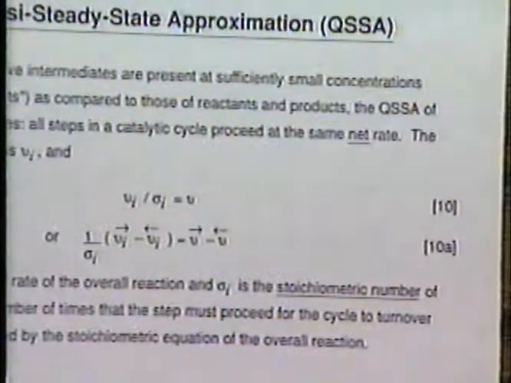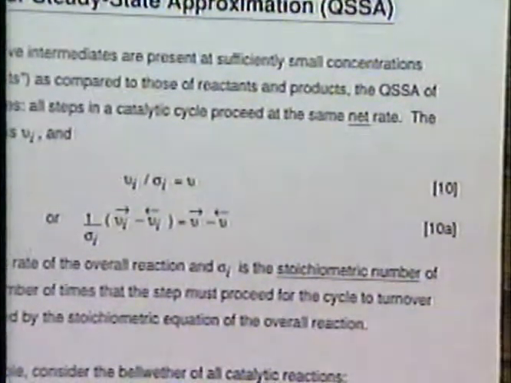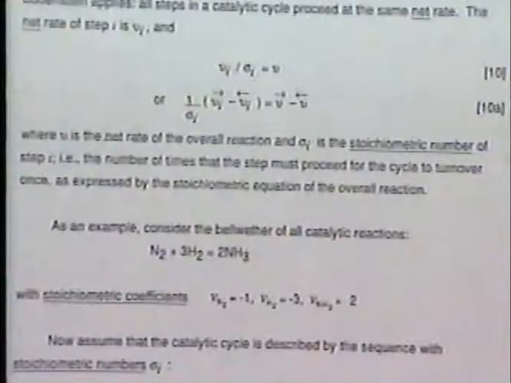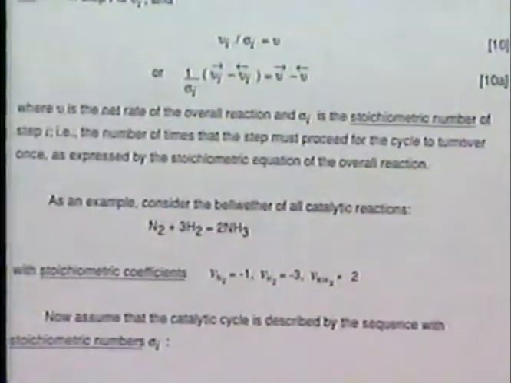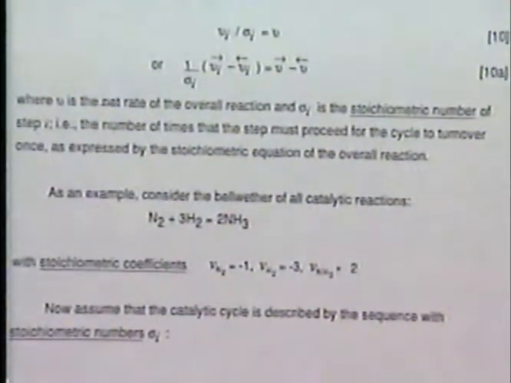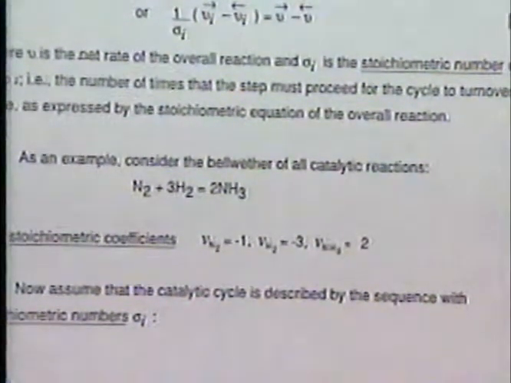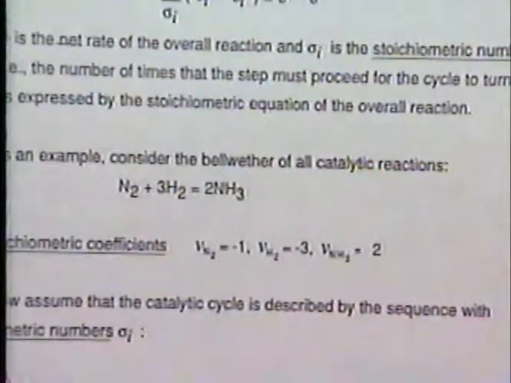And let us immediately find out what that means, stoichiometric number of a step. It is not the same as stoichiometric coefficient. Look at this bellwether reaction, ammonia synthesis. We shall talk at length about it. The stoichiometric coefficients for the overall reaction as we arbitrarily write it. We could have chosen a different way. We could have written 1/2 N2 plus 3/2 H2 is equal to 1 ammonia.